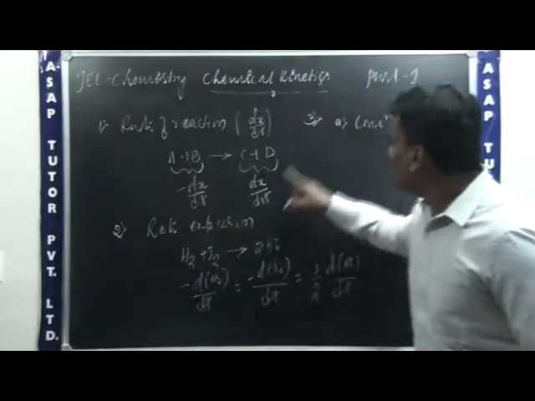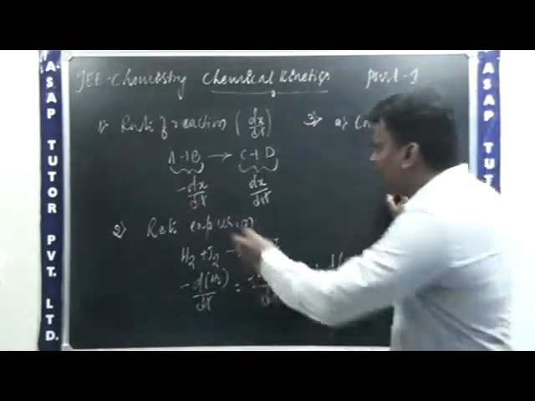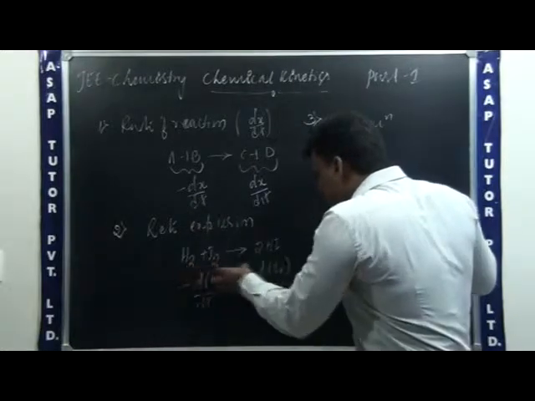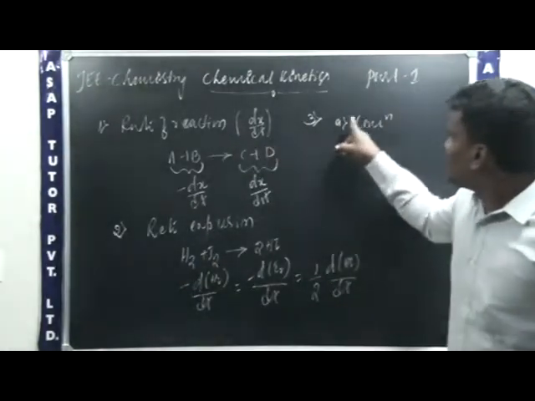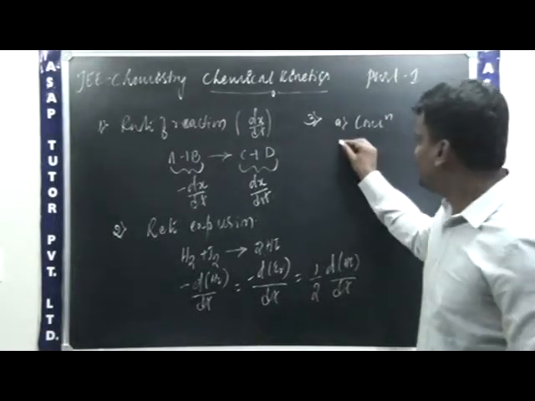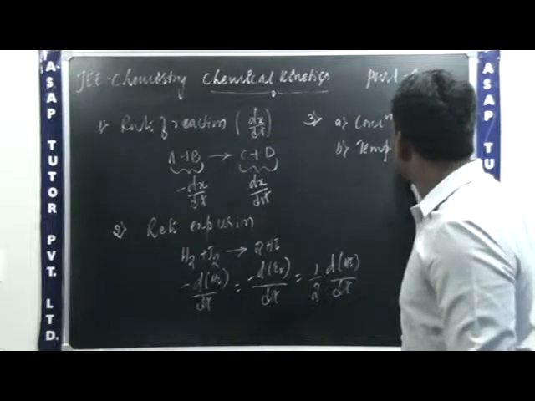Here we can agree the rate of reaction directly depends on concentration, as we come to know from writing the rate expressions for different equations. The second factor is temperature.